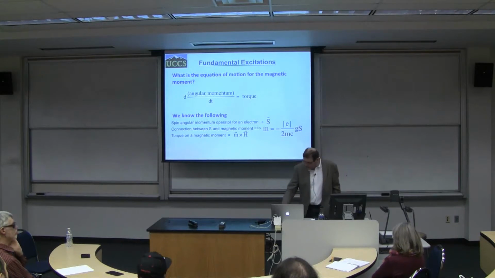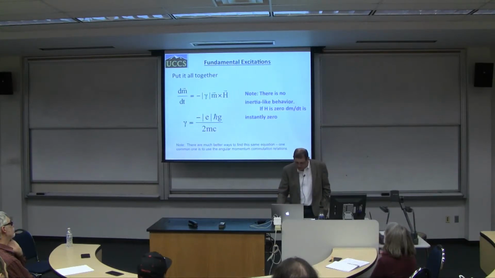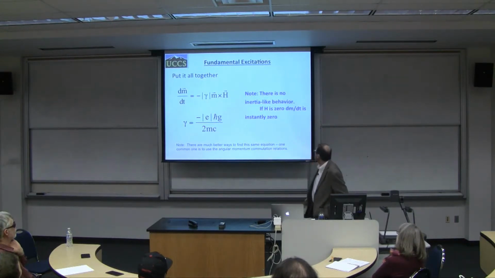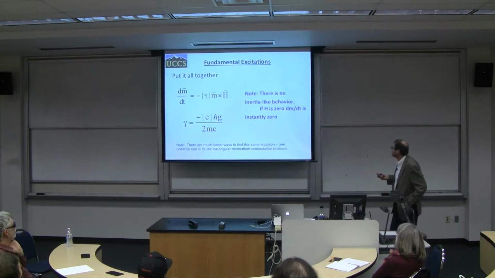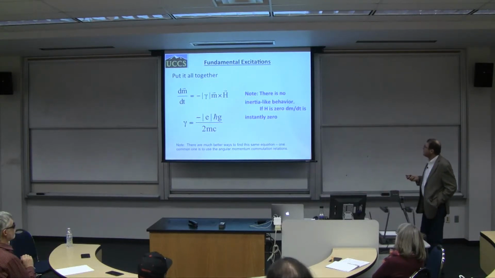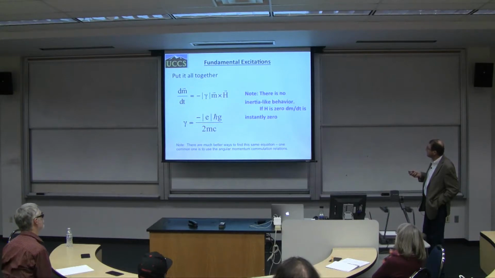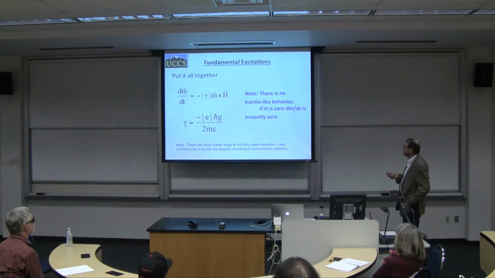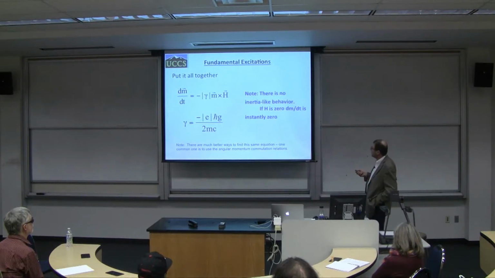Now, what is the relation between this moment and magnetization? I'm going to tell you in a moment, but let me start with this torque equation. So basically, if I have a moment in the magnetic field, I'm going to have a certain torque. This torque is going to change my system, and I'm going to have a precession.